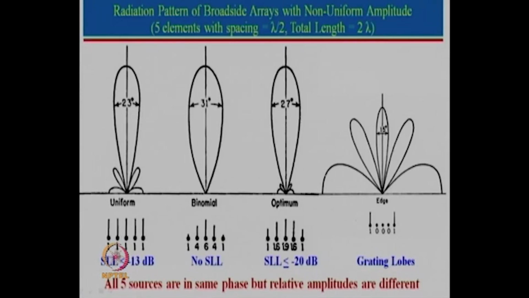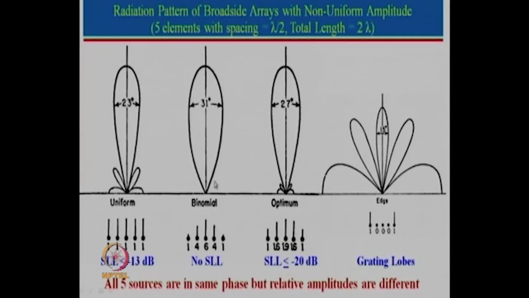Again let us take a case where there are 5 elements. For these 5 elements equal amplitude is fed, and the spacing between the elements is lambda by 2, so the total length will be 2 lambda from element 1 to 5. For this case we can see this is the radiation pattern, and the side lobe level would be less than minus 13 dB.